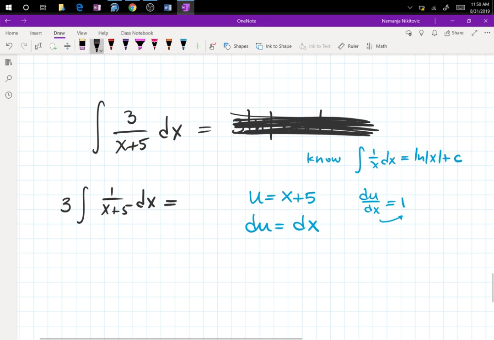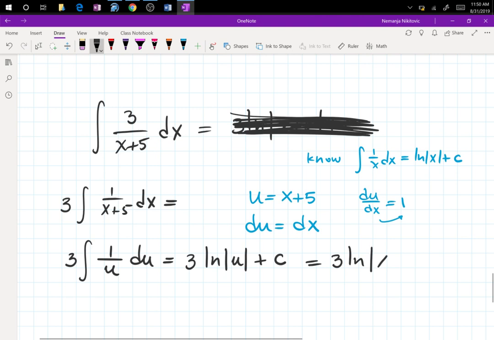So now this problem changes into 3 times the integral of 1 over u du. And that is 3 ln absolute u plus c. And then we bring back x instead of u, because the problem was in terms of x, which gives us 3 ln absolute x plus 5 plus c.